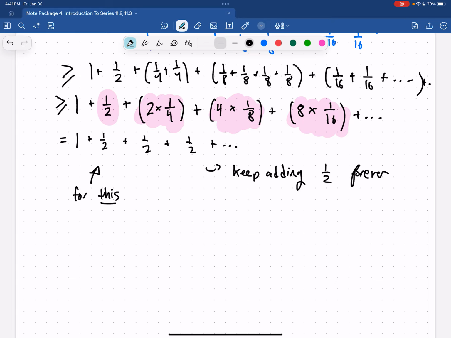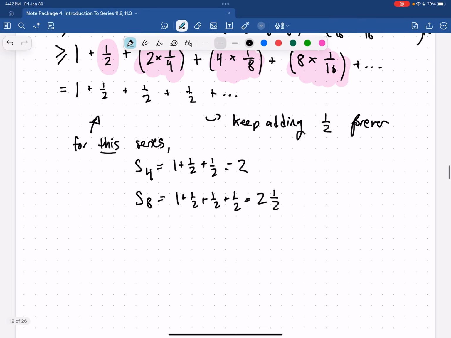for this series, if we want to look at our partial sums, the sum of the first 4 terms would be equal to 1 plus 1/2 plus 1/2, which is 2. And then if you wanted to go to the first 8 terms, we'd have 1 plus 1/2 plus 1/2 plus 1/2, so 2.5, and so on.